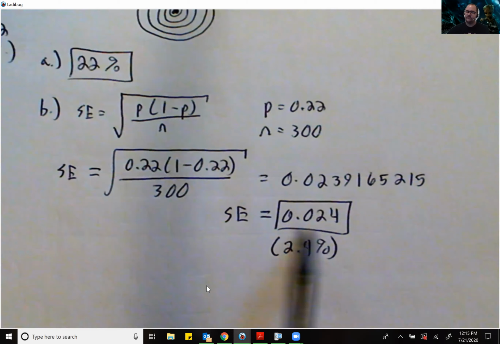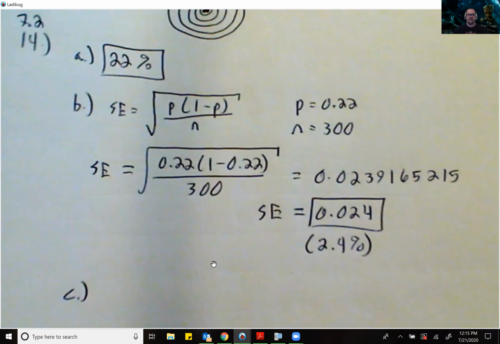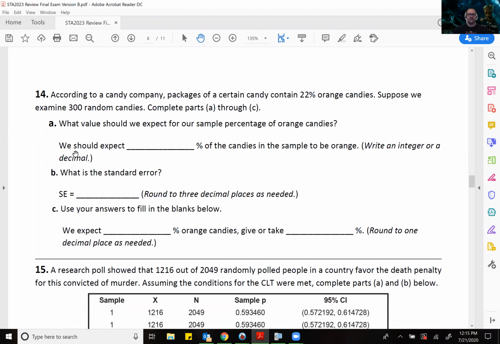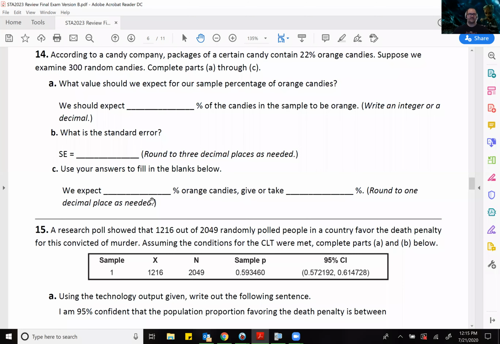So part C. It says to fill in the blanks. So we expect blank percentage of orange candies. We already answered that. So that's 22% to be orange candies. Give or take what percent? That's the standard error percent that we just talked about. And it says round to 1 decimal place.